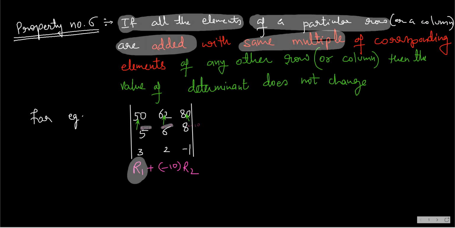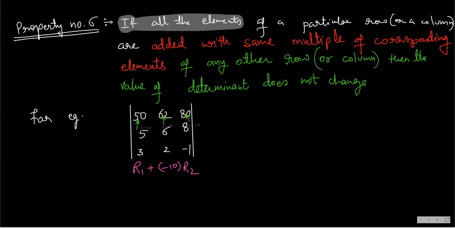Because whatever you are going to get after multiplying minus 10 in this, you will add here, and for this, you will add here. It shouldn't happen that what you got by multiplying minus 10 here, you add in this. No, no, that will be wrong.